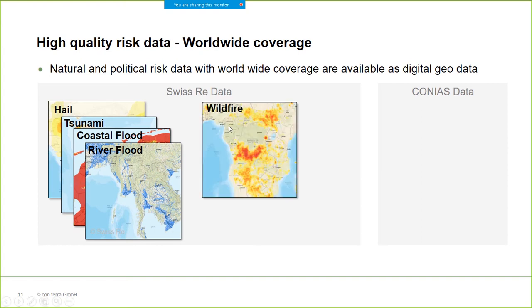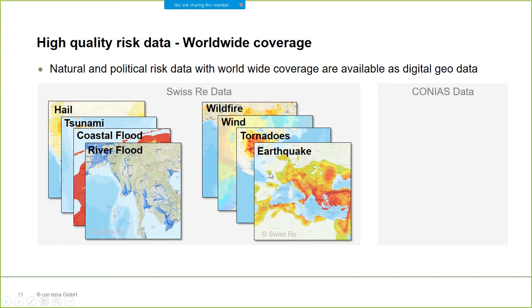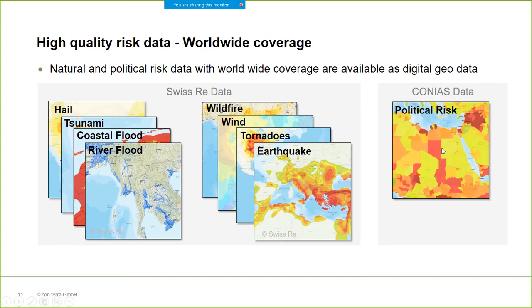And they also have data of wildfire, of wind, of tornadoes, and from earthquakes. What is also important is that they have a high resolution. For example, the river flood layer has a 90-meter resolution worldwide. The other data we need is coming from CONIAS.